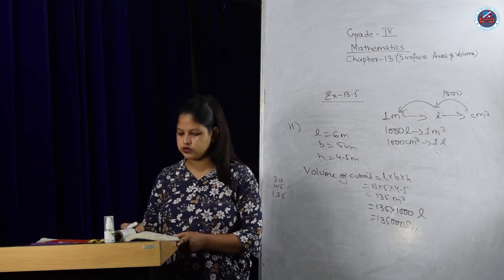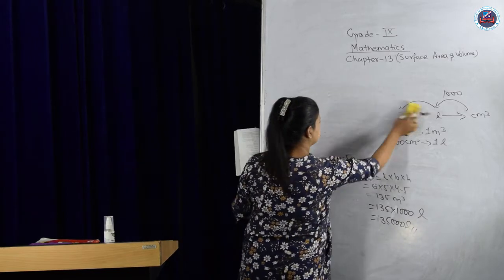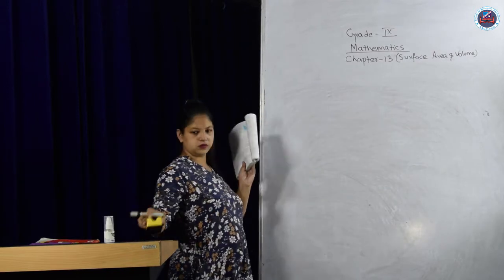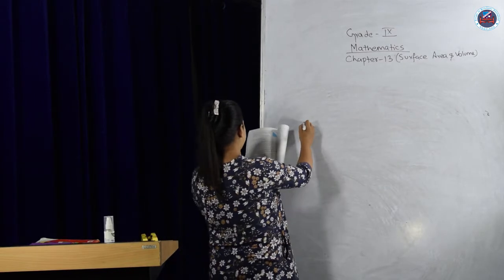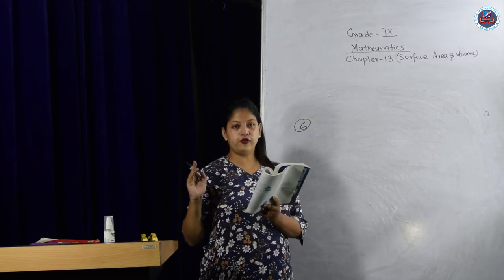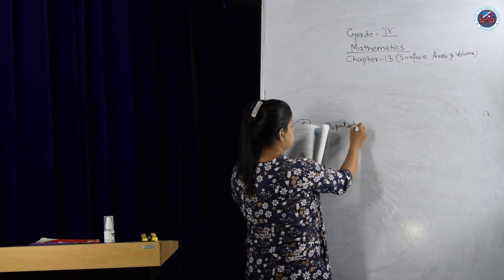Number 5 also you can do. Number 6 I'll do for you. A village having a population of 4,000. The number of people is 4,000.